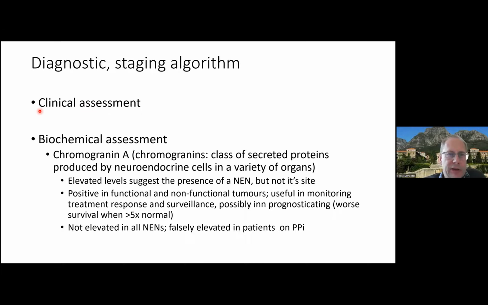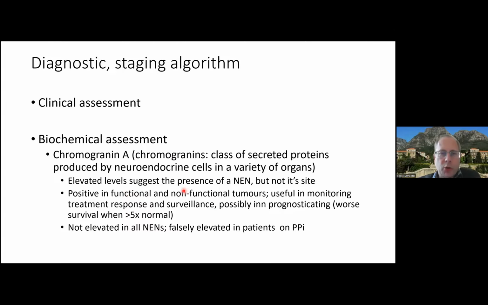So careful clinical assessment is your starting point. For the biochemical assessment, we've just said chromogranin A is probably the standard of care at the moment. But remember, these are a class of secreted proteins produced by neuroendocrine cells in a variety of organs. And so elevated levels can occur in a number of different settings.